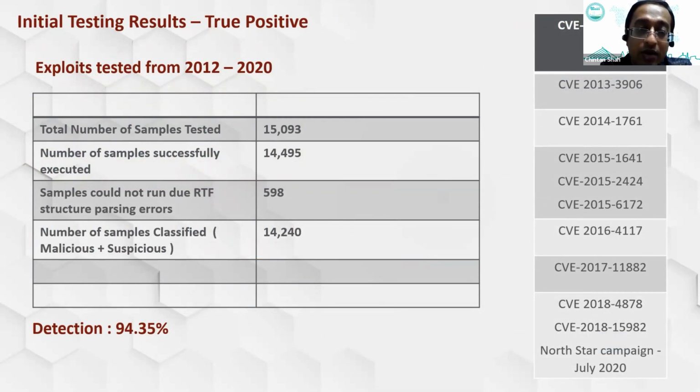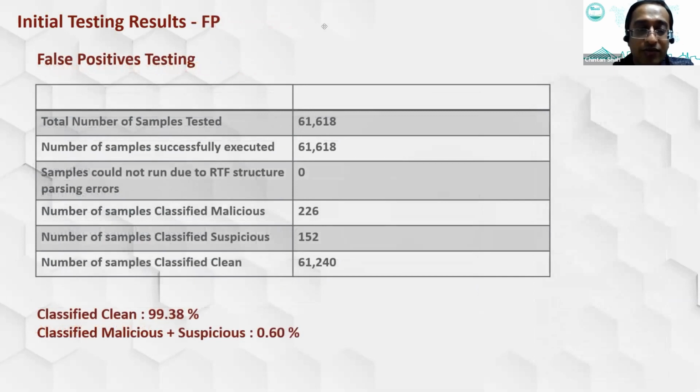With close to 50 inspection heuristics implemented, including RTF heuristics as well as OLE compound binary file format heuristics and OXML heuristics, we got about a 94.3% detection rate. We had very few false positives with this engine, 0.60%, which is very encouraging.